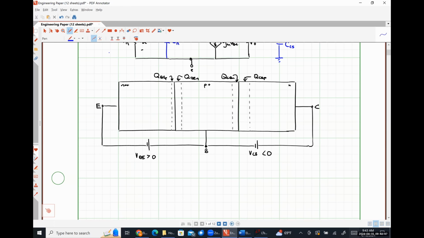If we look explicitly at carrier concentrations, let's say that our electron concentration is up here for this region, and then let's put it roughly here for the base region, and then here for the collector region. And then my holes should look something like this.